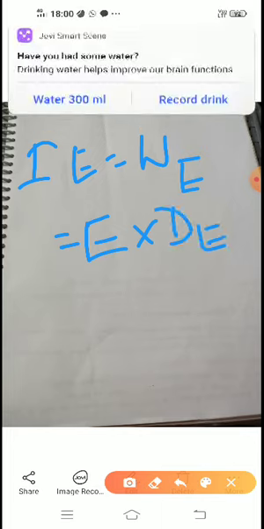Same diagram you will take, or you can consider any other example. I'll use IE for input energy. Input energy is nothing but work done by your effort. Work done formula is force into displacement, so here it is effort into the displacement produced by your effort, how much it moves from one point to the other.